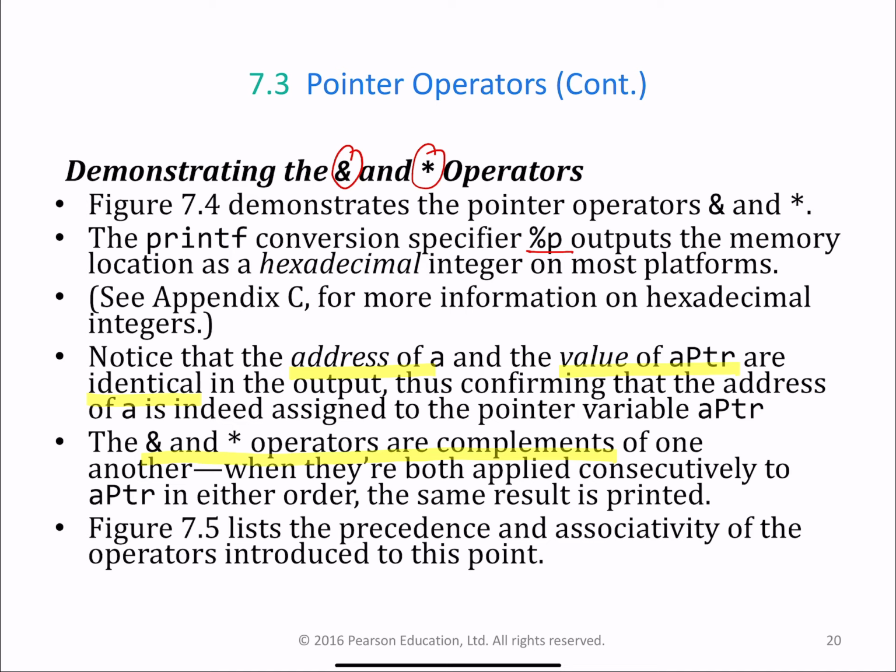And finally, I'll show you something you can do by using the address and indirection operator together. The thing to see there is that they're both complements of one another. If you apply both to the same variable, they kind of cancel each other out. And it doesn't even matter in which order you apply them.